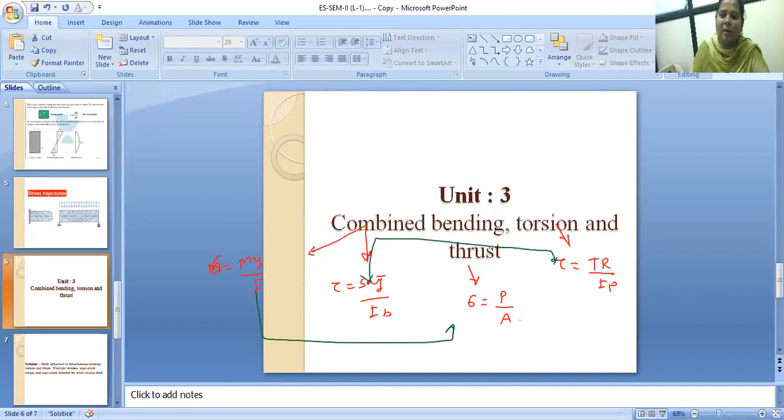We have to combine together. So sigma, which is equal to My upon I plus force upon area. So this is bending stress.